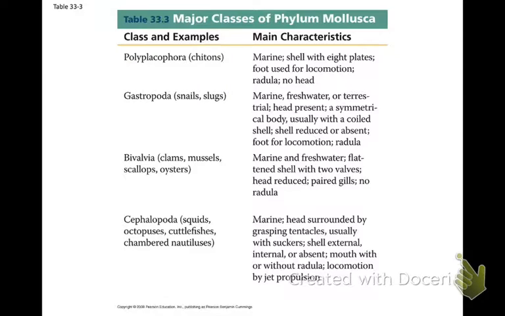Okay, and then we have the Polyplacophora, which are commonly referred to as chitons. And these are marine organisms that have a shell on the dorsal side that contains 8 plates.